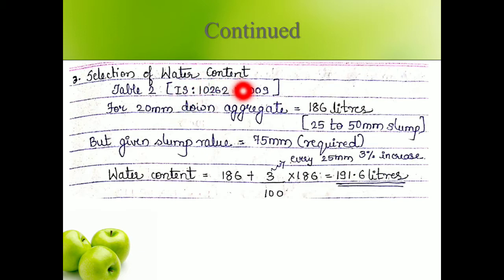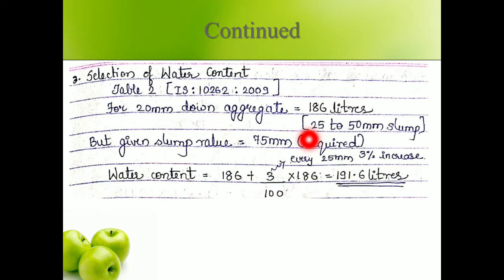Selection of water content is from table 2 of IS 10262 2009 for 20 mm down aggregate. For 20 mm down aggregate, you have 186 liters, but this 186 liters is for 25 to 50 mm slump. If it is other than 50 mm slump, for every 25 mm you need to increase 3%.